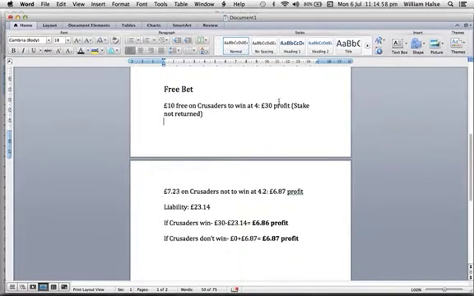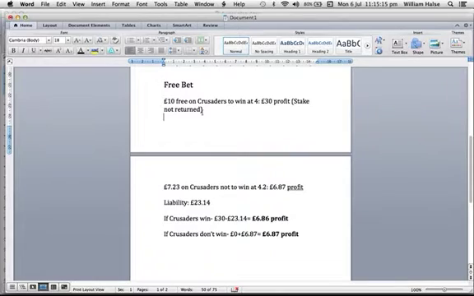This will give us a £30 profit if Crusaders do win, because we don't get the stake returned. However, it's 10 times 4, so it's £40 minus £10 minus the stake, because they don't give us our free stake, just for profit. So we have our £30 profit winnings if Crusaders win at Paddy Power.